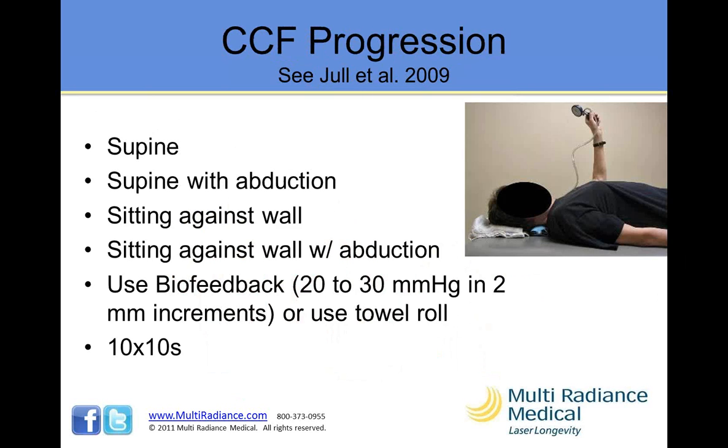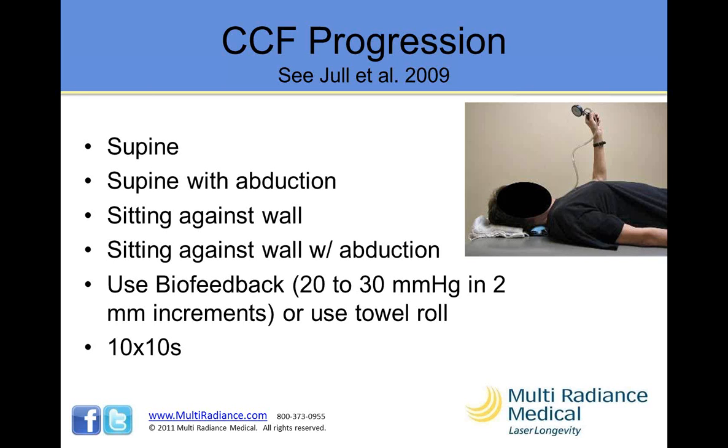The next exercise in the literature is the craniocervical flexion progression. Again, this is the same thing we used with the test, using the pressure biofeedback as described by the Australians, Dr. Gwendolen Jull. We have the patients lying supine, placing the device underneath the neck as we did in the test, inflating it to 20 to 30 millimeters of mercury in 2 millimeter increments.